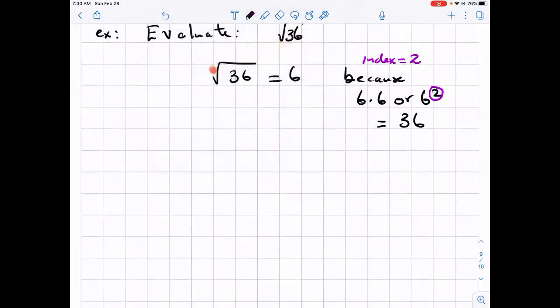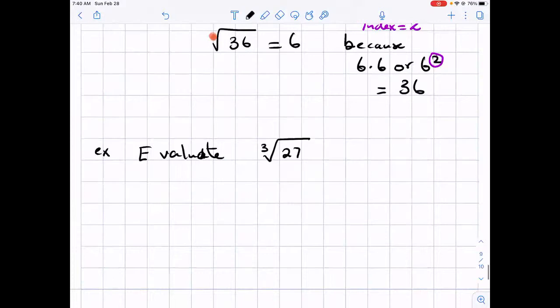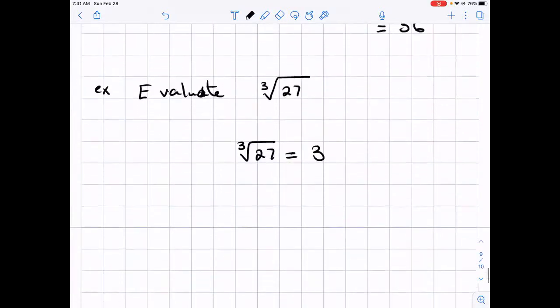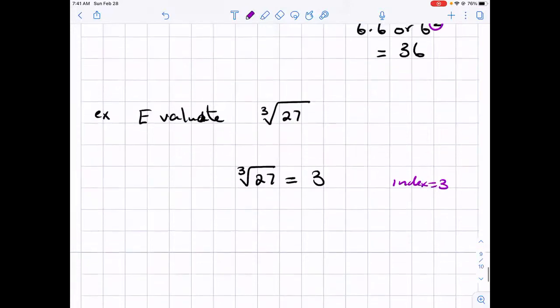If the index is 3, we have to cube it. So example, evaluate the cube root of 27. So the cube root of 27 is equal to 3. So note the index is equal to 3, okay?